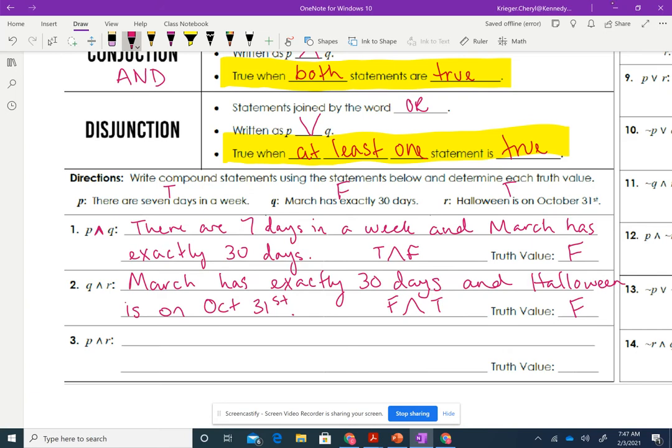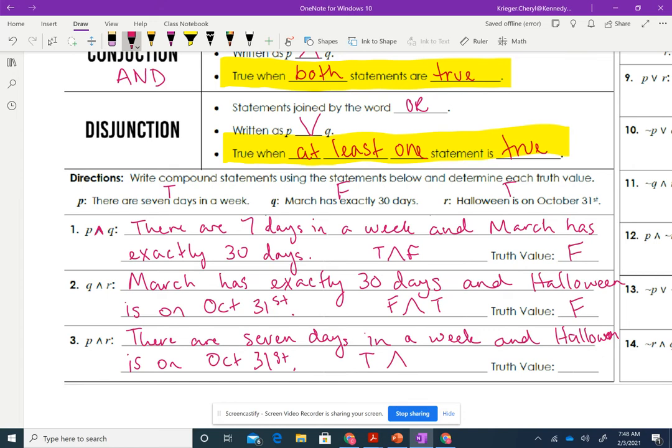So P is there are 7 days in a week, and R is Halloween is on October 31st. There are 7 days in a week is true, and Halloween is on October 31st is true. Because it's a conjunction and both statements are true, the statement is true.